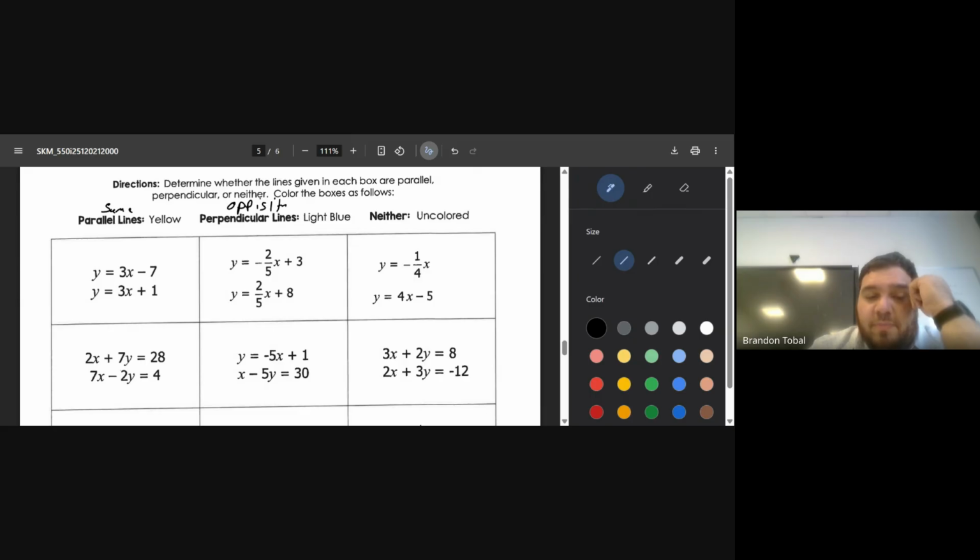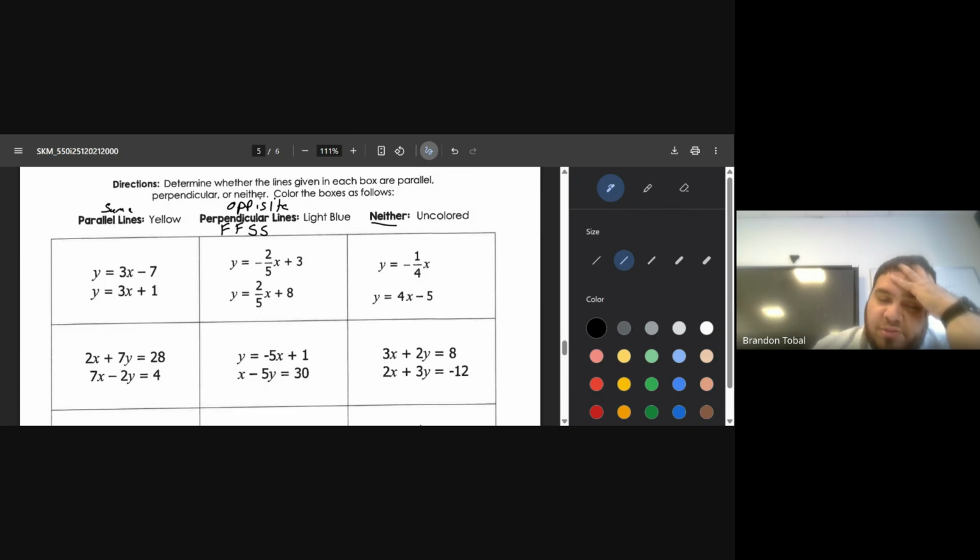And what do I mean by opposite? That means flip the fraction, switch the signs. And if it's neither, it means it doesn't do the same or the opposite.